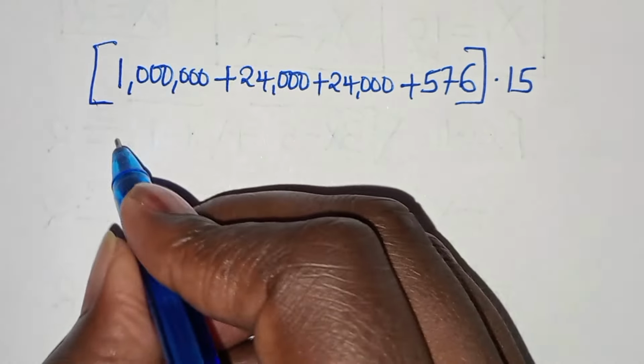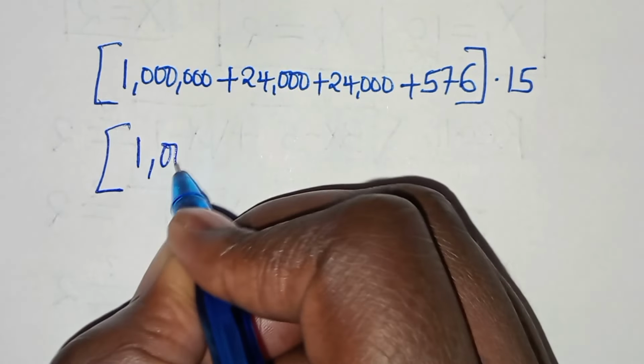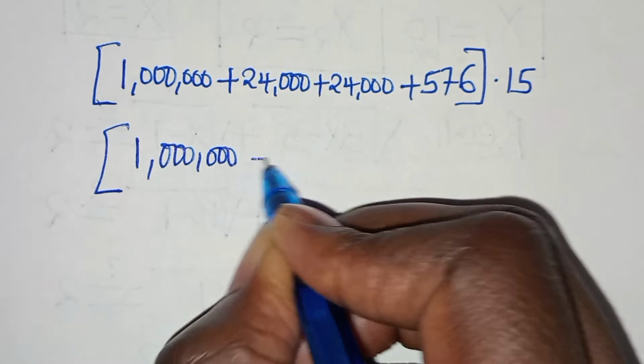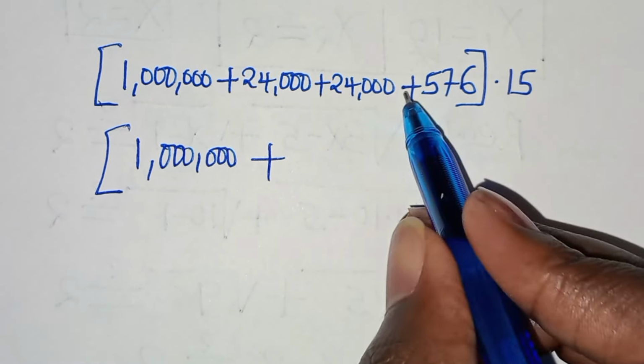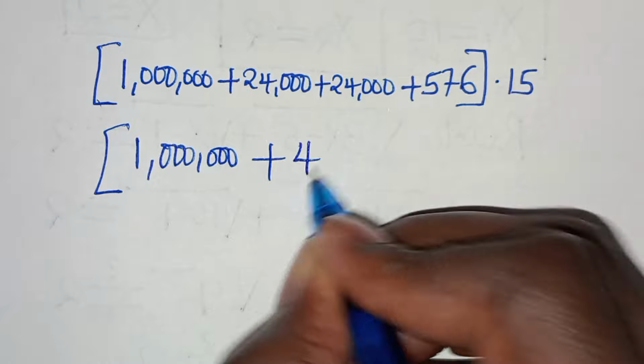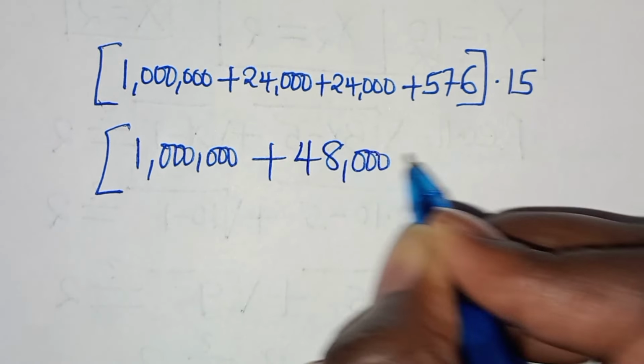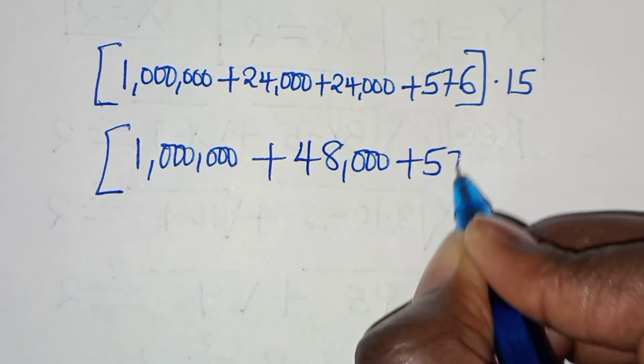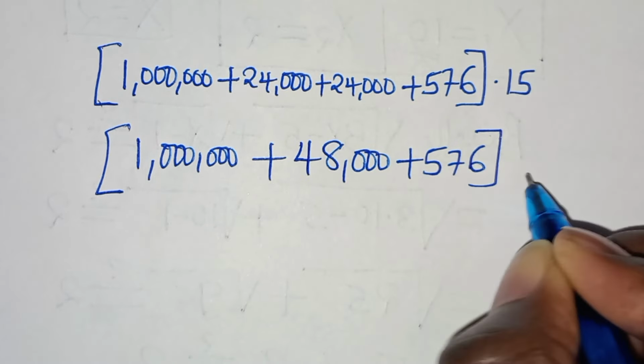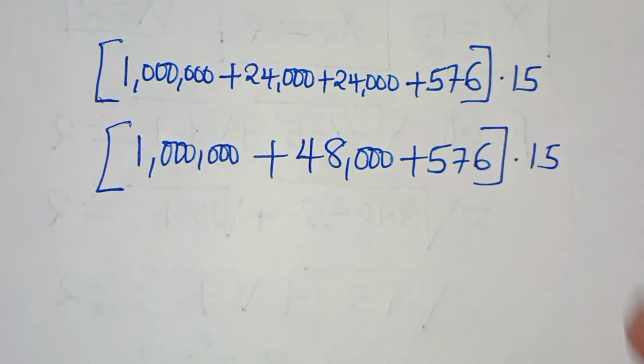Now this implies we have 1 million plus 24,000 plus 24,000. This is 48,000. Then plus 576. Everything here multiplying by 15.